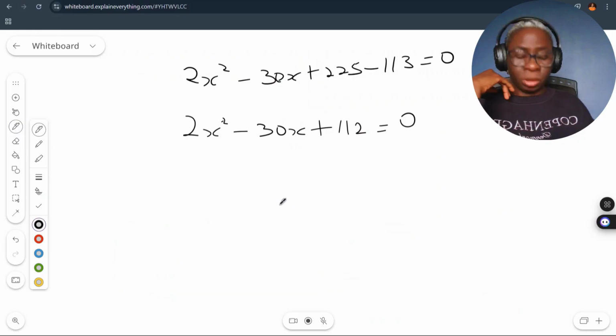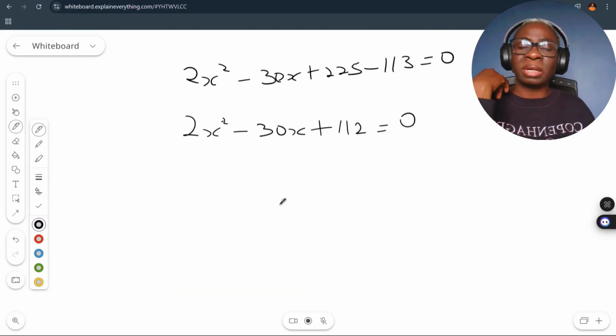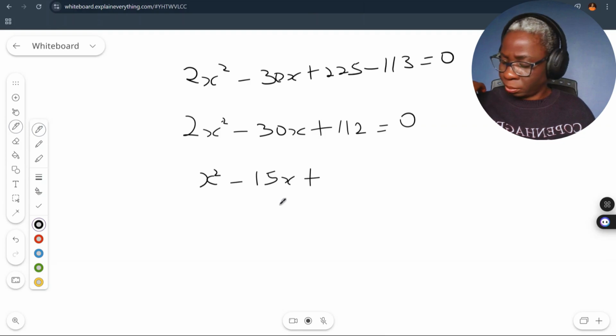So now we have 2x squared minus 30x plus 112 equals 0. Let's simplify this further by dividing through by 2. So if we divide through by 2, we will have x squared minus 15x plus 56 equals 0.